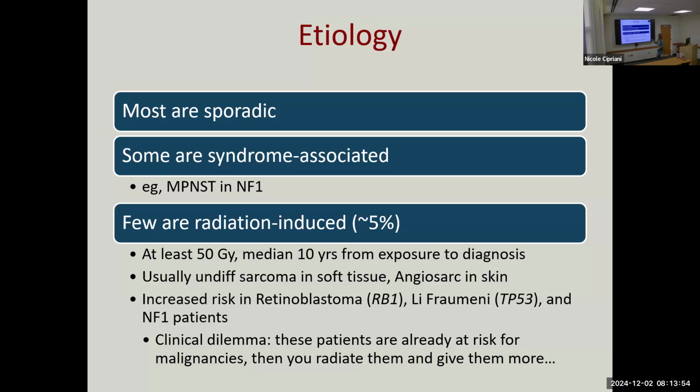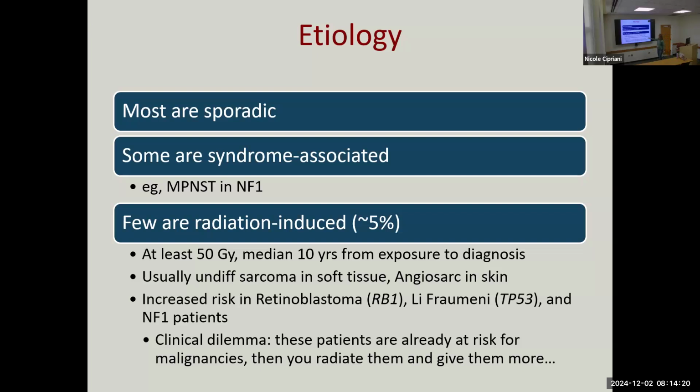So this is on average 10 years after radiation and diagnosis, but can be less, can be more. It's thought that they need probably at least 50 gray of radiation in that site. Usually we're dealing with something like undifferentiated sarcoma in our soft tissues or our head and neck region. Sometimes, of course, we're dealing with angiosarcoma, like in breast or in other skin sites.